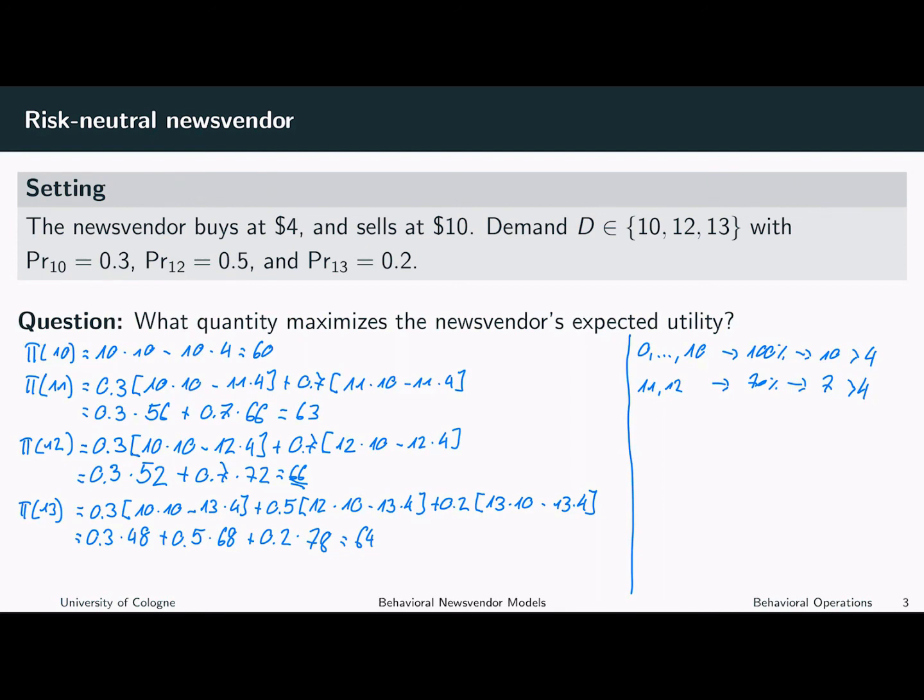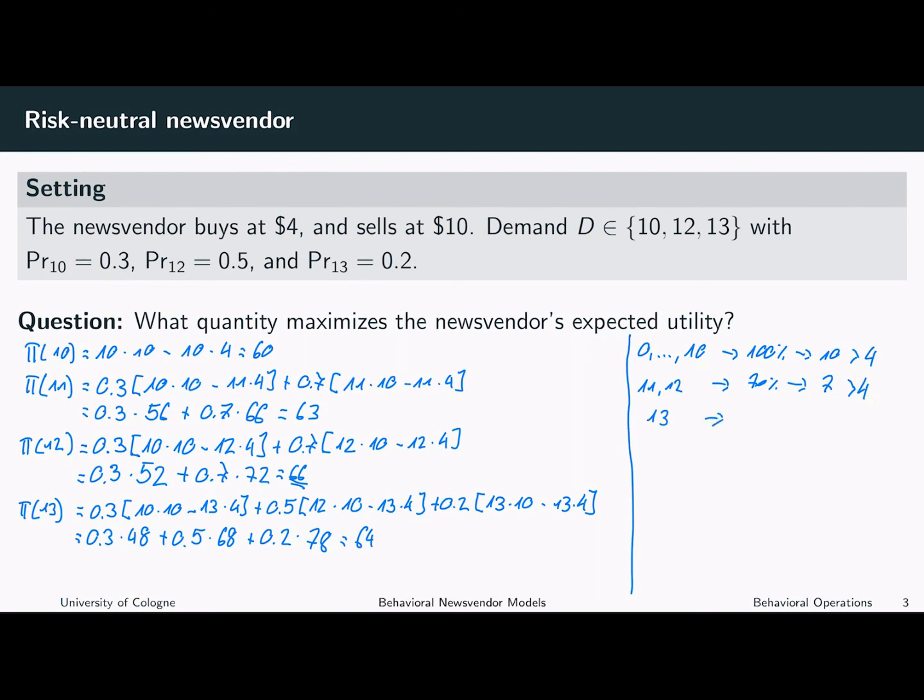So it makes sense to order 12 units, because up to then, each additional unit is increasing your expected profit. Now the question is, what is the probability of selling the 13th unit?